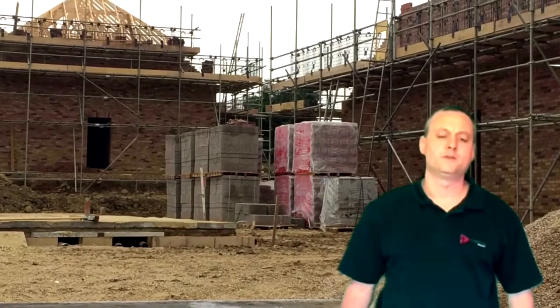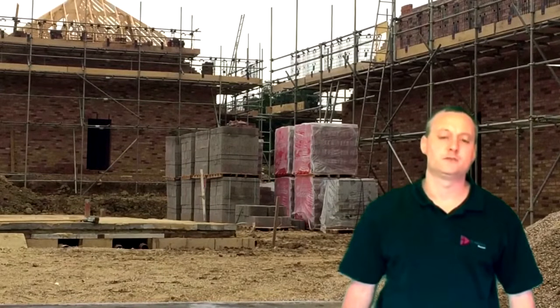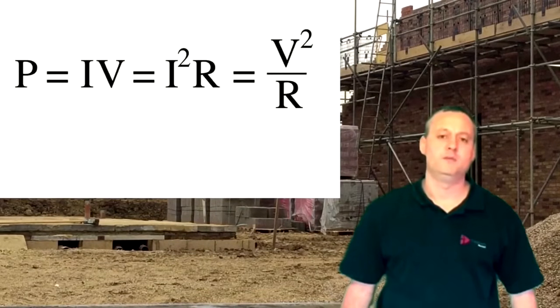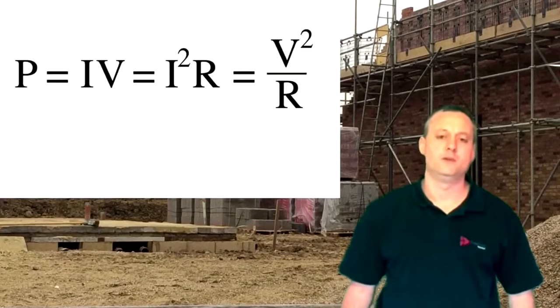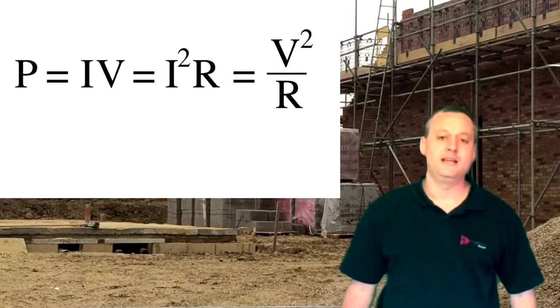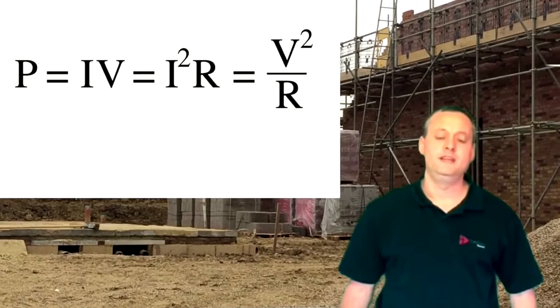A number of formulas are required to be remembered in power, but I set us the challenge of remembering just 3 and then using our maths to rearrange those formulas if we weren't looking for power, but one of the other elements within the construction of the formula. So the 3 formulas I expect us to remember are: P for power equals I for current multiplied by V for voltage.